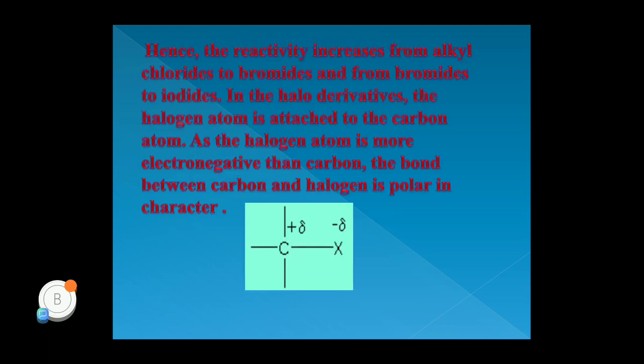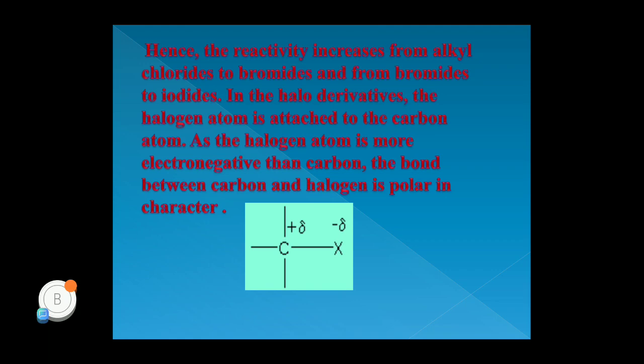As we know very well, in haloalkanes the bond between halogen and alkyl group is partially ionic. Why is this partially ionic? Because the halogen is quite electronegative.